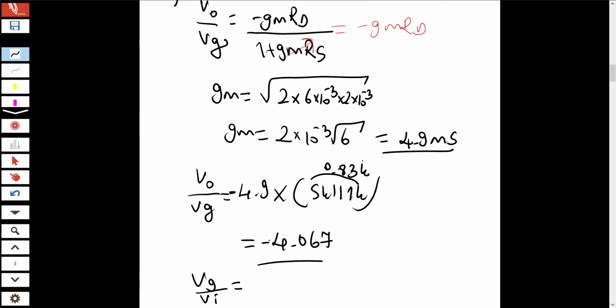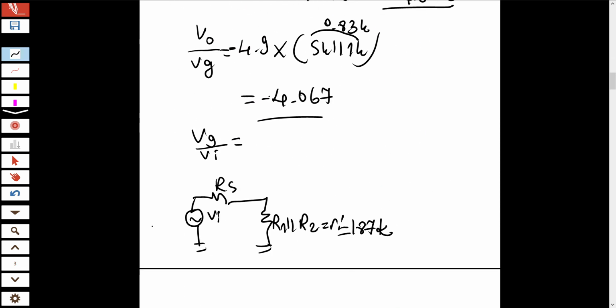It is 50K. So V gate over Vi equals 187K over 237K, and it is equal to 0.82.